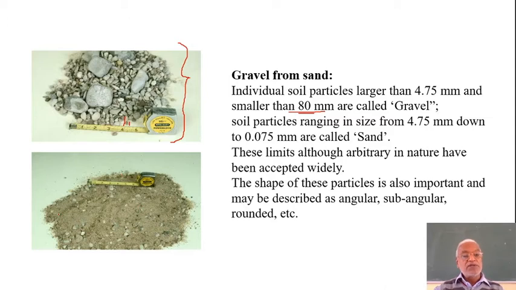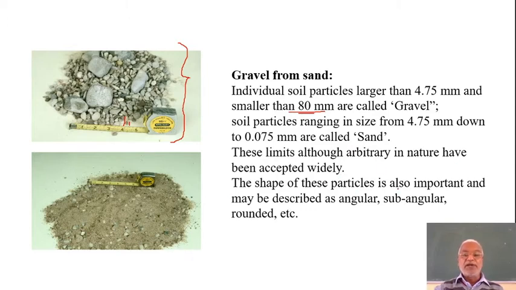Such soil will be referred to as sand. Soil particles ranging in size from 4.75 mm down to 0.075 mm are called sand. These limits, although arbitrary in nature, have been widely accepted.